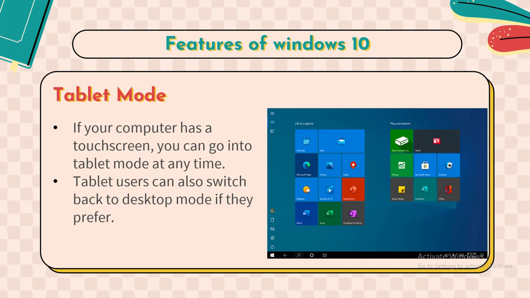Now if your computer has a touch screen, you can simply go to the tablet mode and you can access all the apps through the tablet mode. The tablet users can also switch back to desktop mode if they prefer. So it is very useful, and that is why we say that Windows 10 is a more interactive operating system.